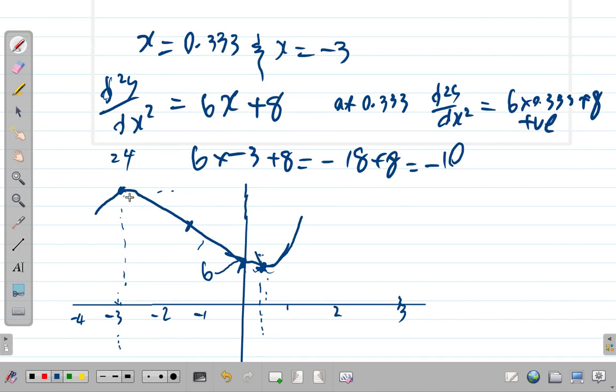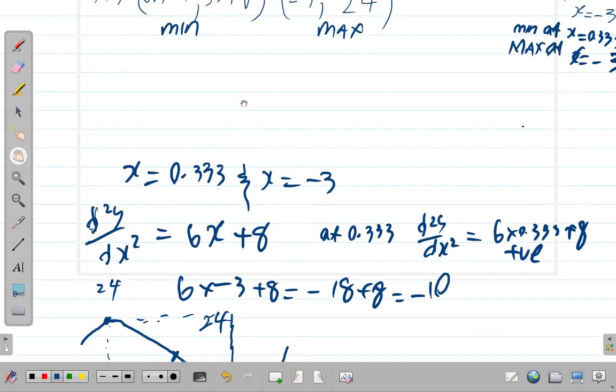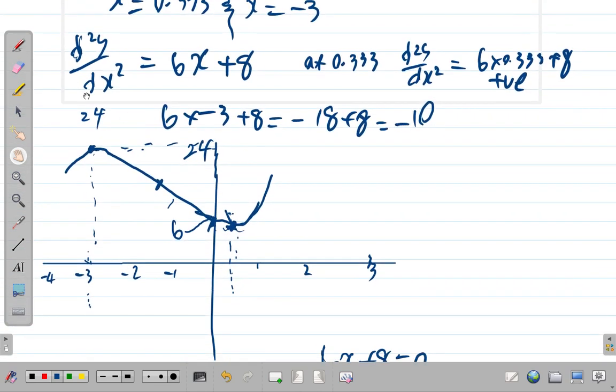So this point is up at 24, at x equals negative 3, and the other one is at 0.33, 5.48.